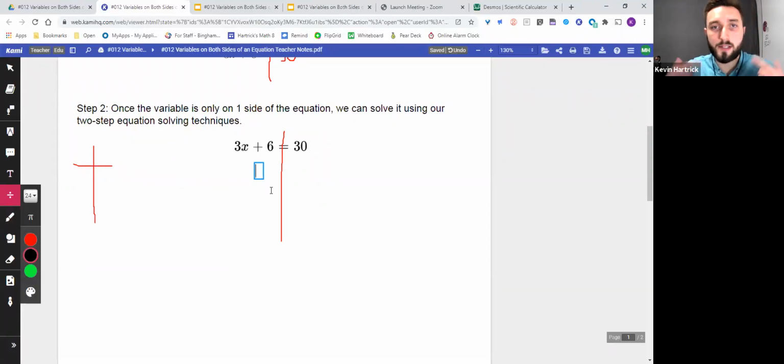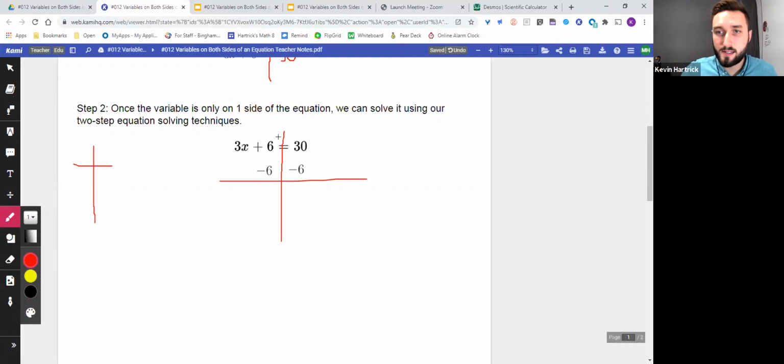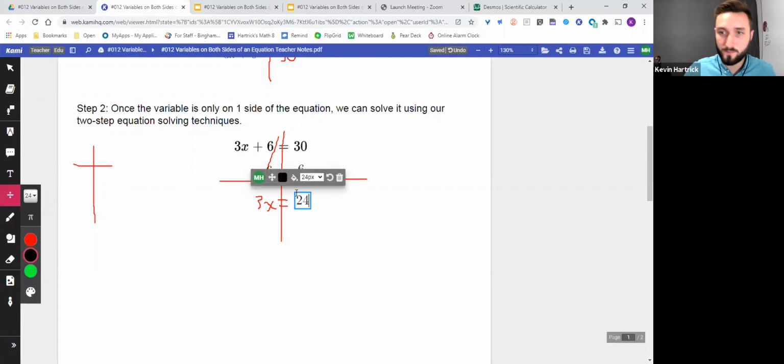So to unravel this equation, I have to subtract 6 on both sides to start. When that happens, 6 take away 6 cancel out. All I have left is my 3x. Over on this side, I have 30 take away 6, which gives me a 24.